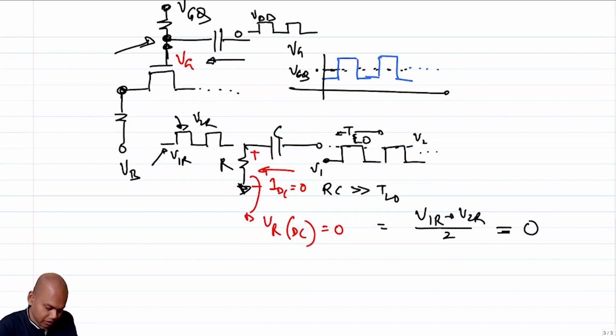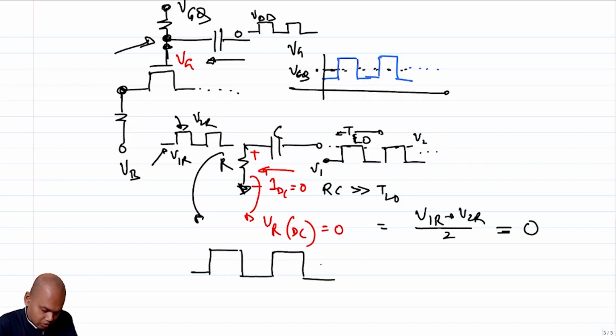Which essentially means that the waveform I am going to have here will have an average value of 0, right?